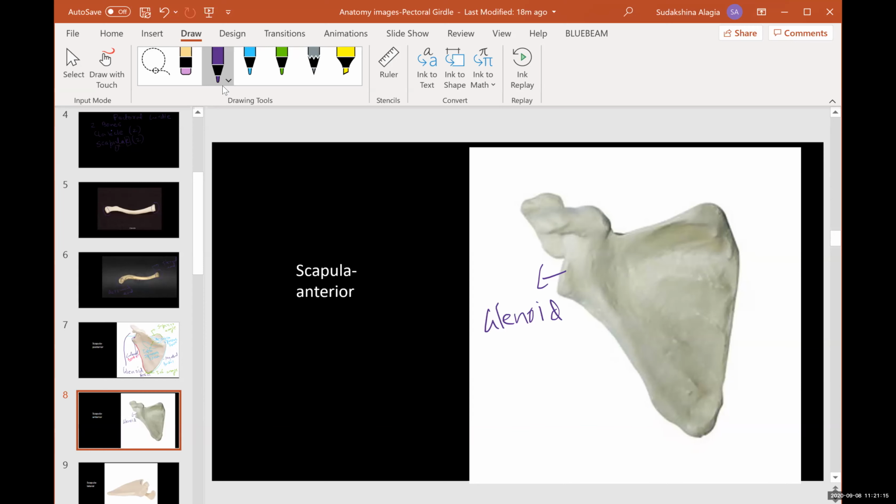That is the lateral. So which scapula are we looking at? Is this left or right? Right. Okay, good. Good. So glenoid.